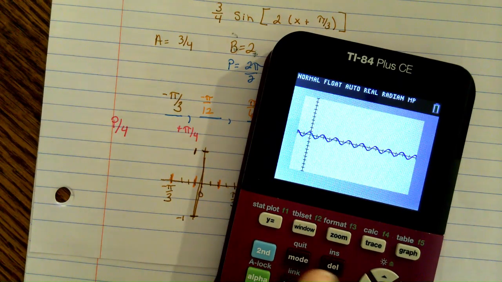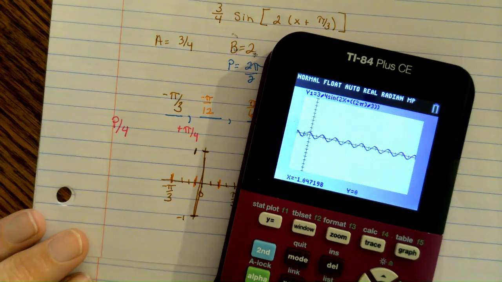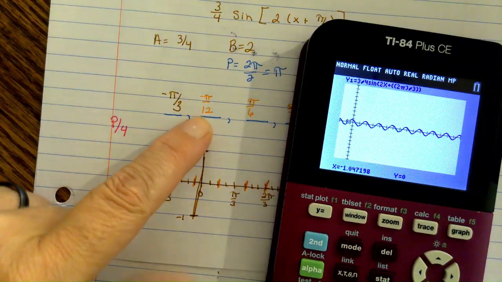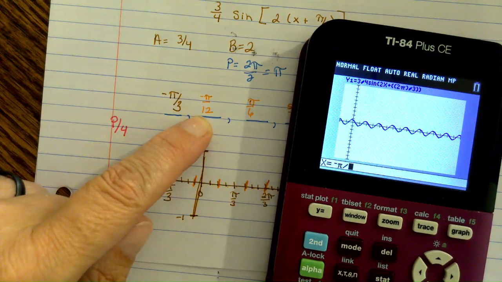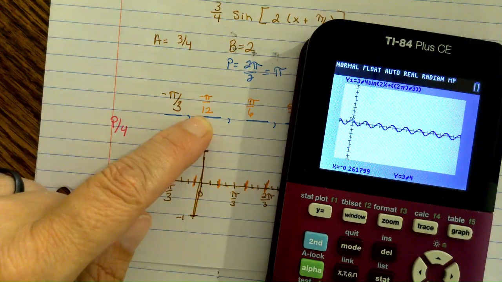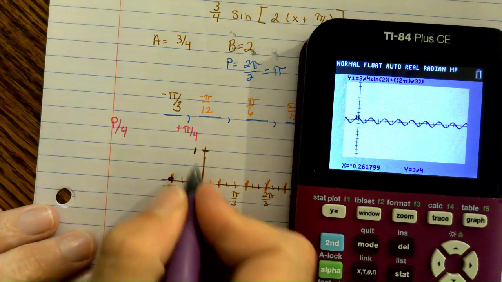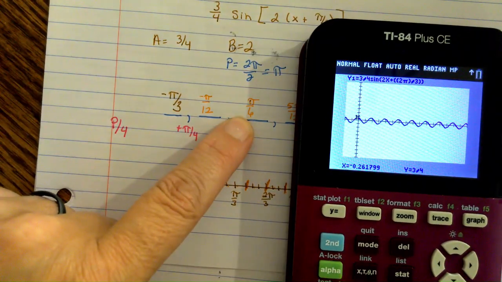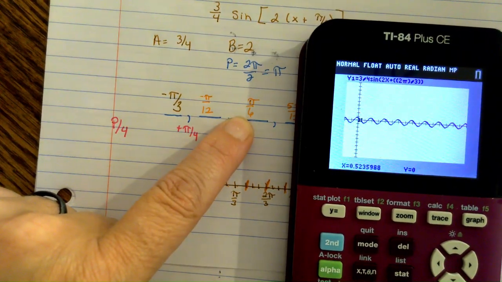Okay. So let's just calculate my first important number. Negative pi over 3. It's in the center, it's at 0. My next important number, negative pi over 12. It's at 3/4. It's at that top like I thought it would be. Okay, so pi over 6 should be back in the middle, right?